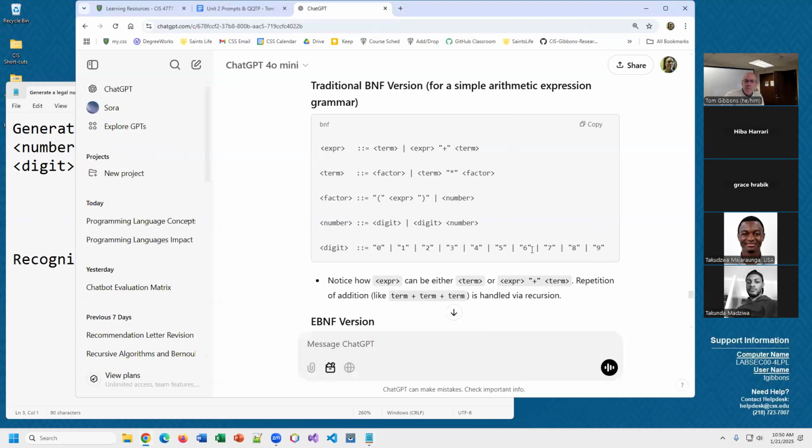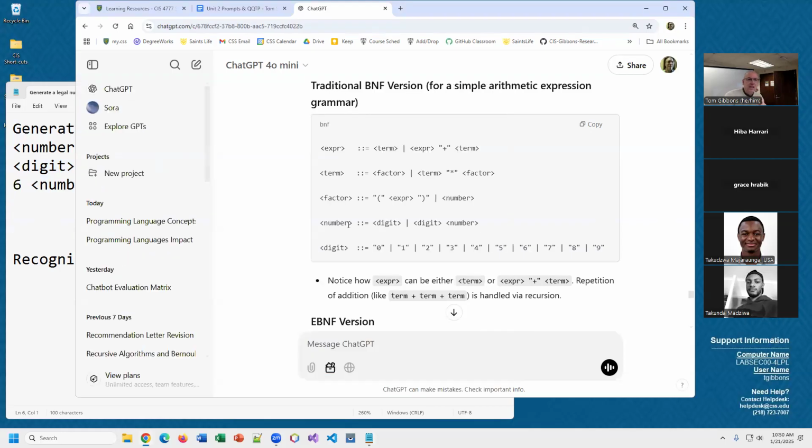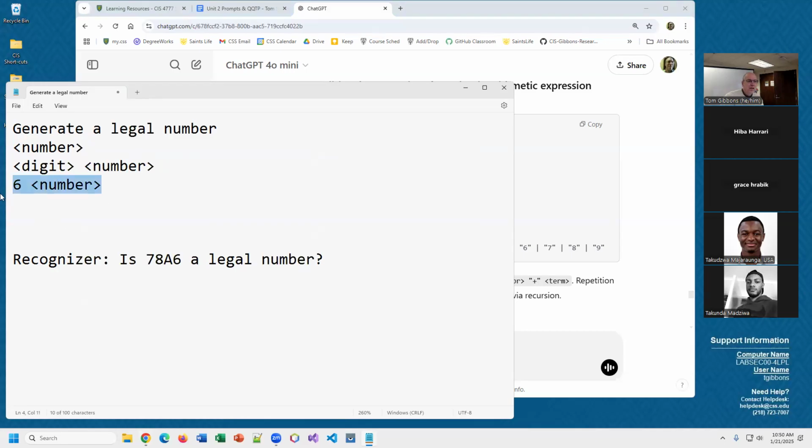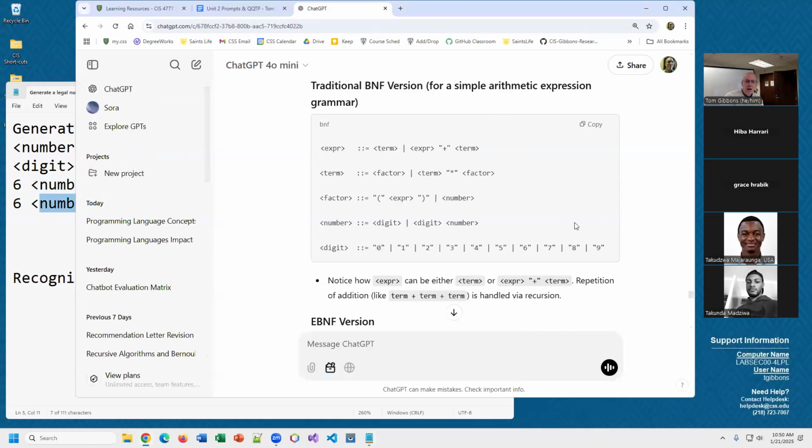So we can say a number is a digit and a number. Now instead of a digit, we can just pick a digit 6 and then a number. And then again, a number can be just a digit, so we replace this with just a digit.